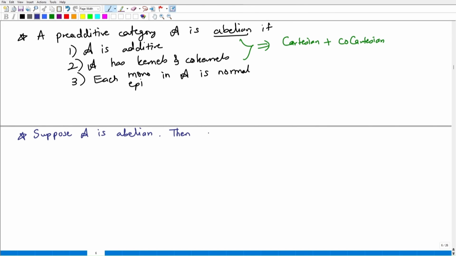Then for any f from A to B, there is a factorization A to B to I. This is the image of f and this is the co-image of f.